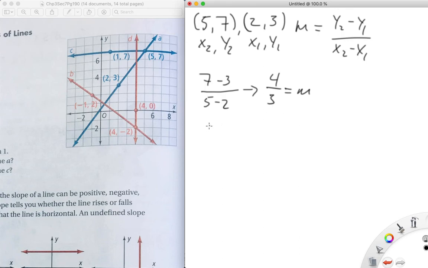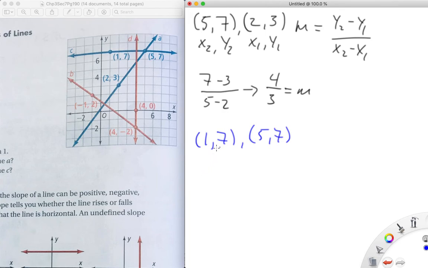For B, they ask what is the slope of line C. Here's line C right here, and line C is a unique case. We have coordinates (1, 7) and (5, 7). So again, rise over run.